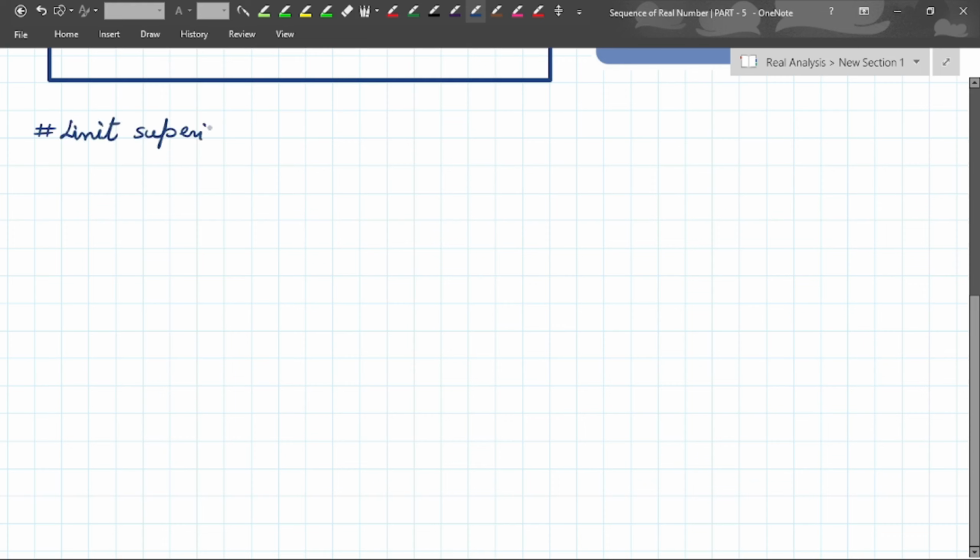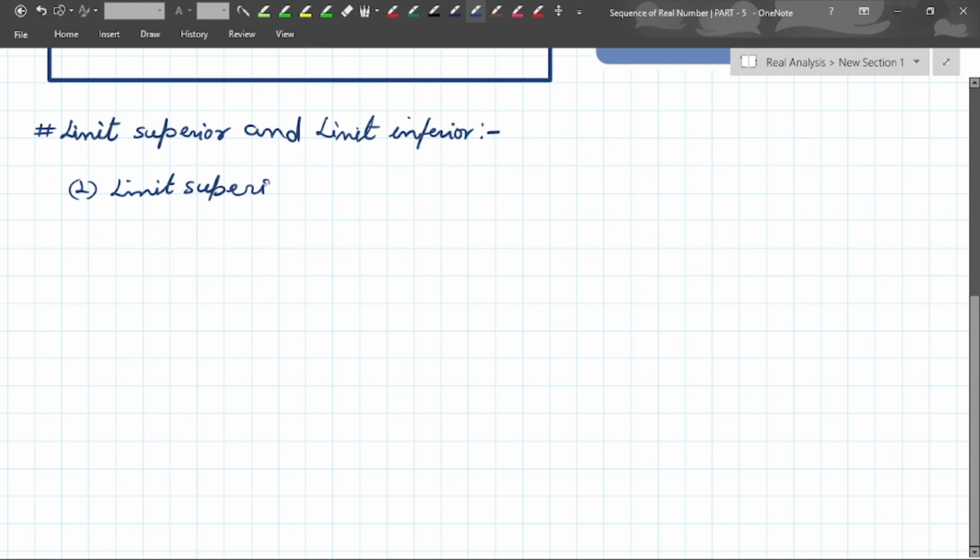Okay, limit superior, and after that we will discuss limit inferior. So what is the limit superior?